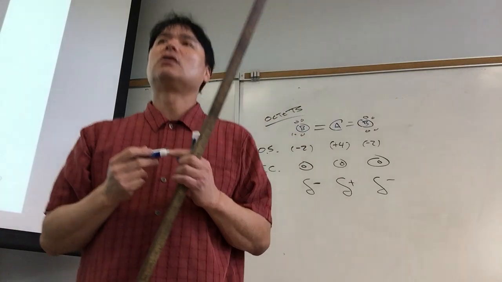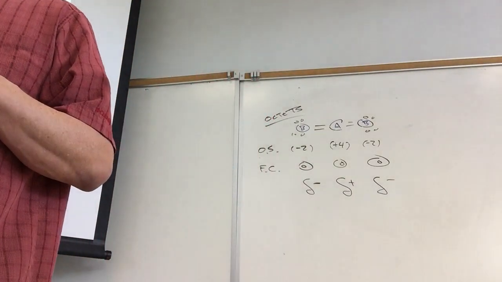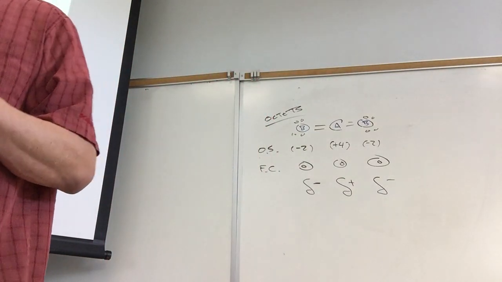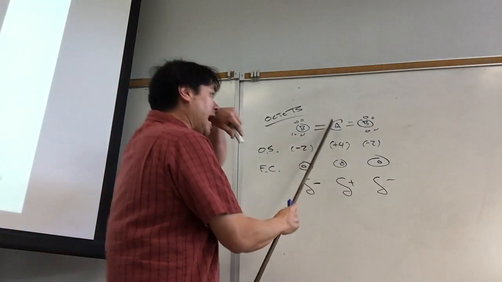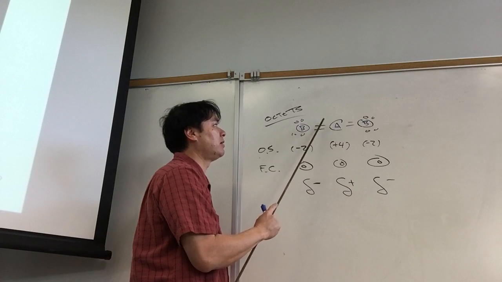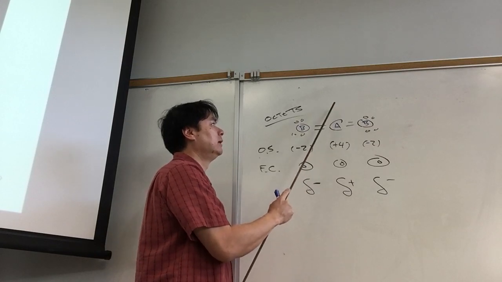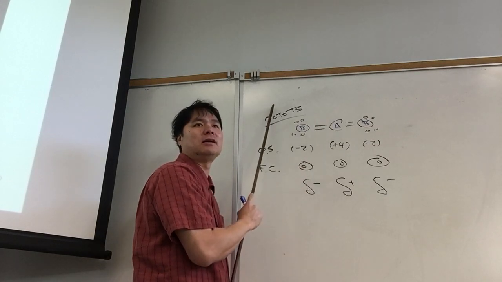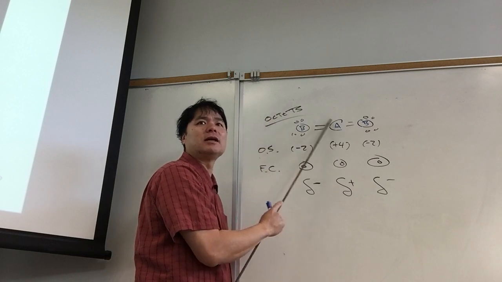But can carbon have more than an octet? Carbon cannot have more than an octet. And so how can this acid accept another lone pair? Because if another lone pair comes in here, then we'd have 2, 4, 6, 8, 10 electrons exceeding an octet. Carbon cannot exceed an octet.